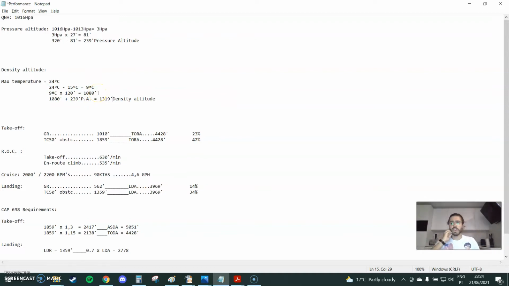So you're gonna take off as if you were 1080 feet above where you're actually taking off. Since our pressure altitude is 239, we'll just add up to 1080, and we have a density altitude of 1319 feet. We are taking off with the same performance as if during an ISA temperature day.